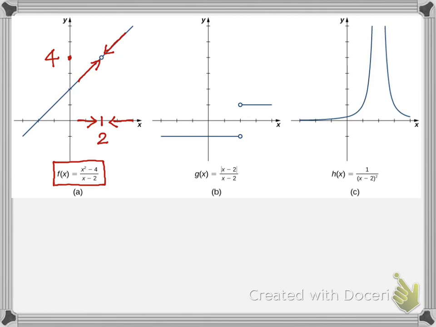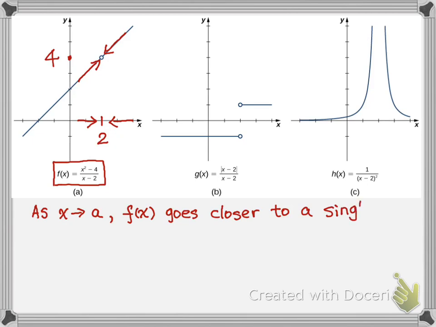So we can look at the definition. As x approaches a number a, the function f of x approaches, or goes to, or is very close to a single number, and it's important that it has to be a single number, L. Then we have a limit.